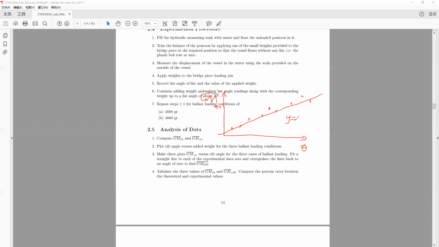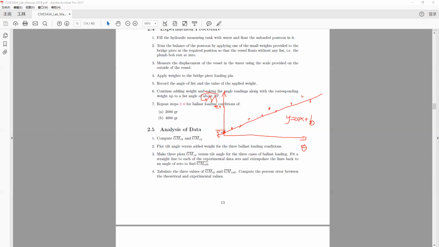Usually it's y equals ax plus b, and the b in here is the intercept.